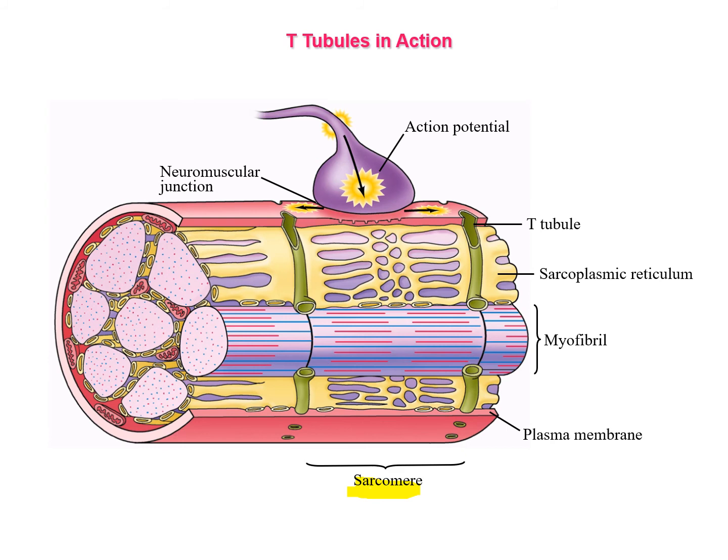A lot more sodium rushes in, and you get a depolarization that spreads outwards away from the motor end plate, and then down the T-tubules, and triggers release of calcium from the sarcoplasmic reticulum.